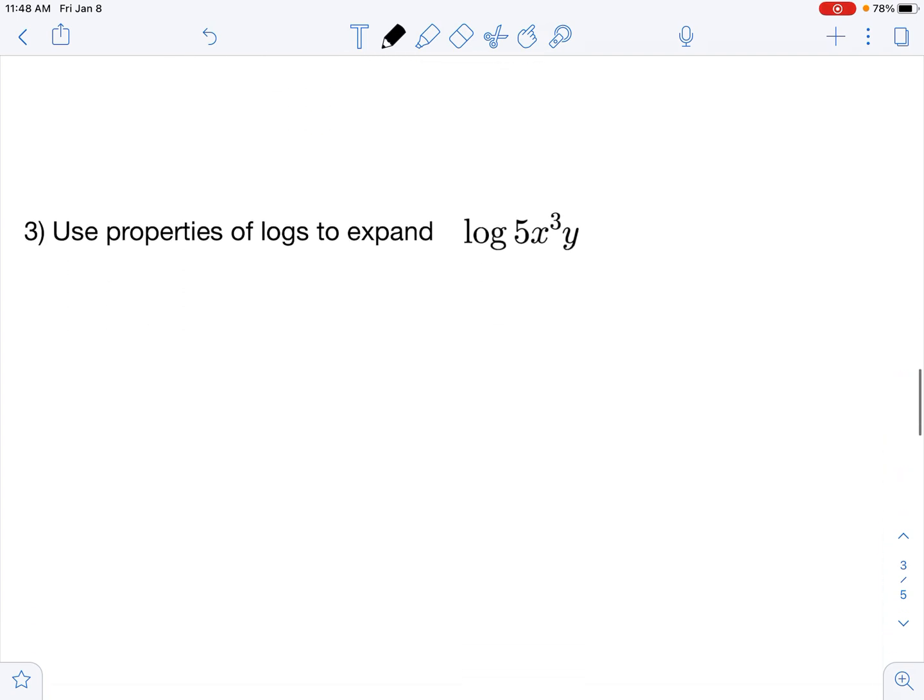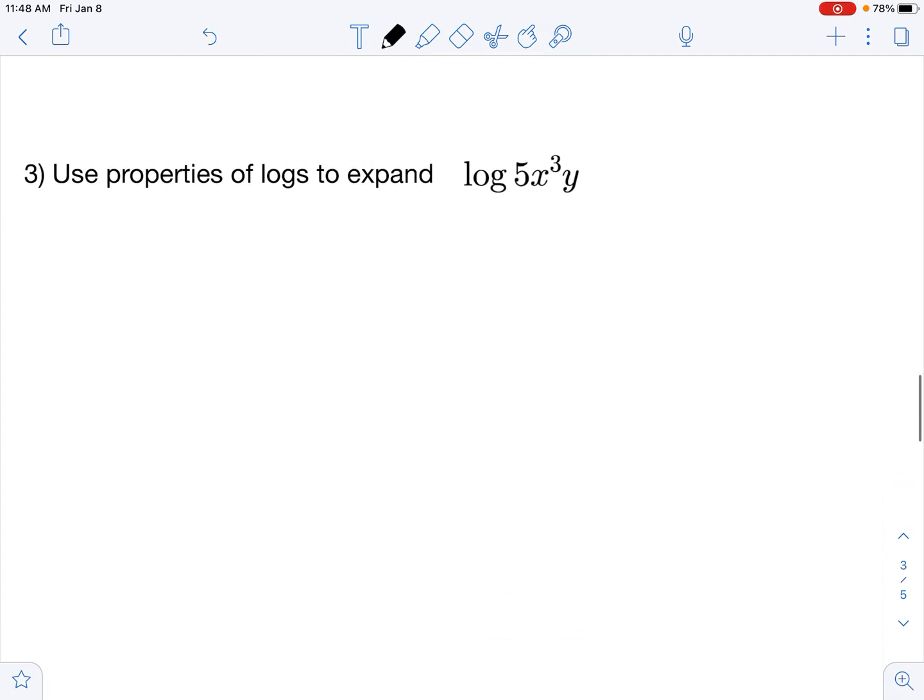All right, so let's go to expanding and condensing. So let's say that we have this expression right here, and we want to go ahead and expand that using the properties. Well, we know when you are multiplying that that actually is addition. So log, and now there's no base written, so we know it's base 10, of 5x to the third y.